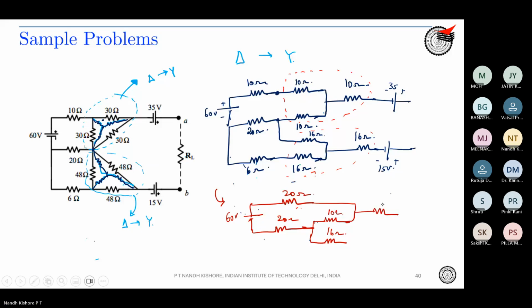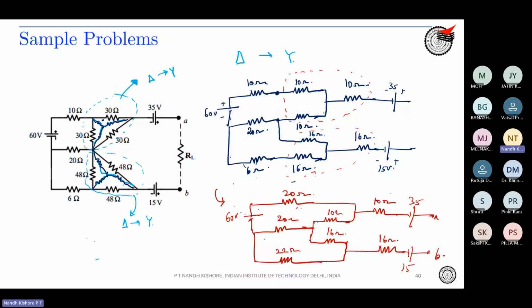This is 10 ohm, and at the bottom you are having 6 plus 16, 22 ohms. Just a simplification of the above circuit, nothing else. 16 ohms, 15, 15. Is this fine with everybody, this particular circuit?